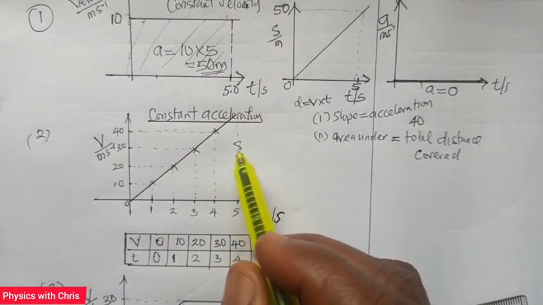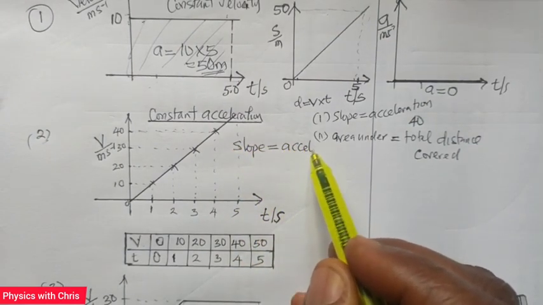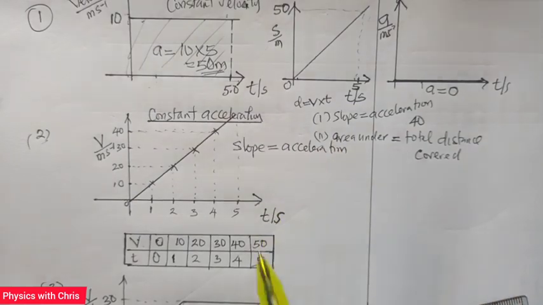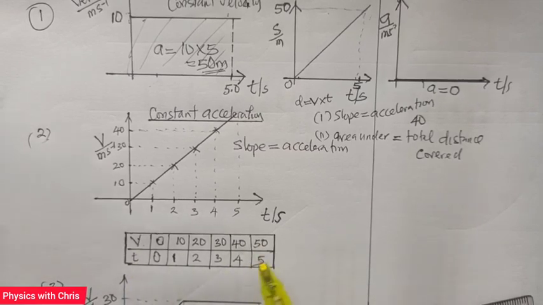Now, I said earlier that the slope represents acceleration, and the straight line graph has a constant acceleration. A straight line graph has a constant slope, meaning that it has a constant acceleration. And you can see the way the speed of this body increases from 0 to 50 meters per second.